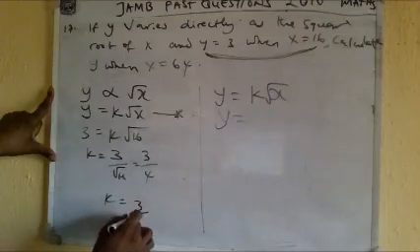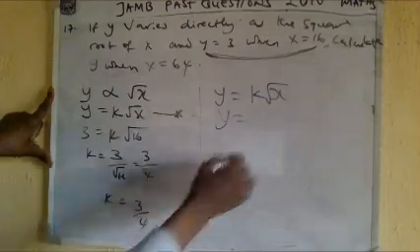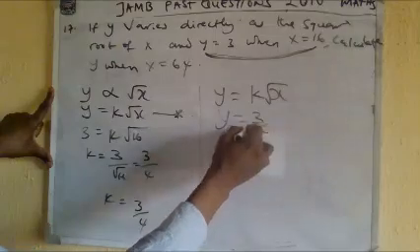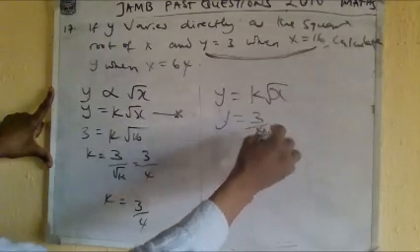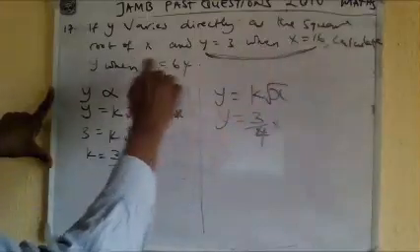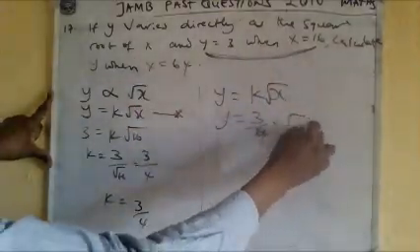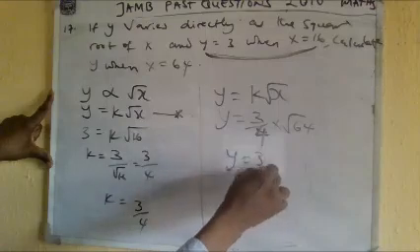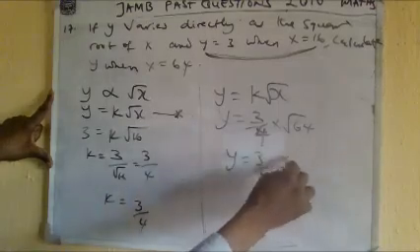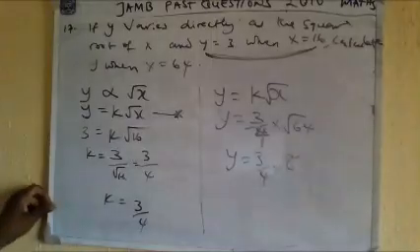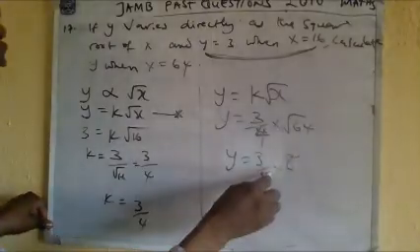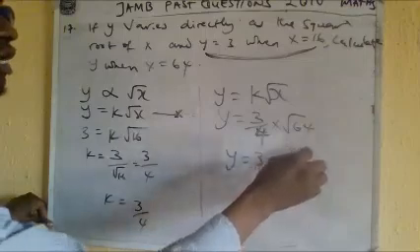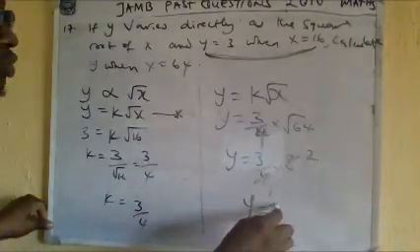Please, 3 over 4. That's k. So 3 over 4 times what's x in the new one? Root 64. y is equal to 3 over 4 times root 64. Root 64 is 8. So 4 here 1, 4 here 2. So y is equal to 6.